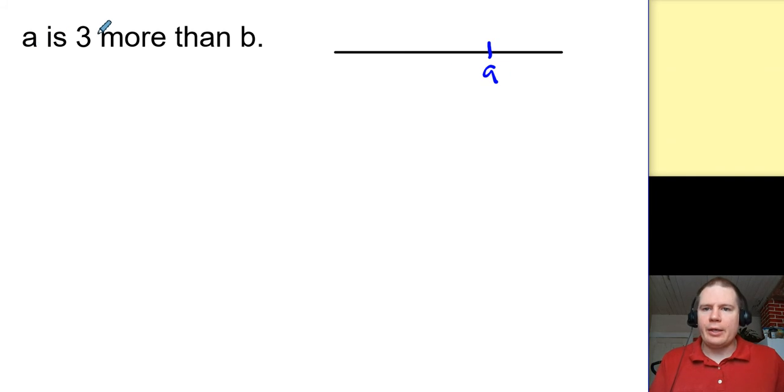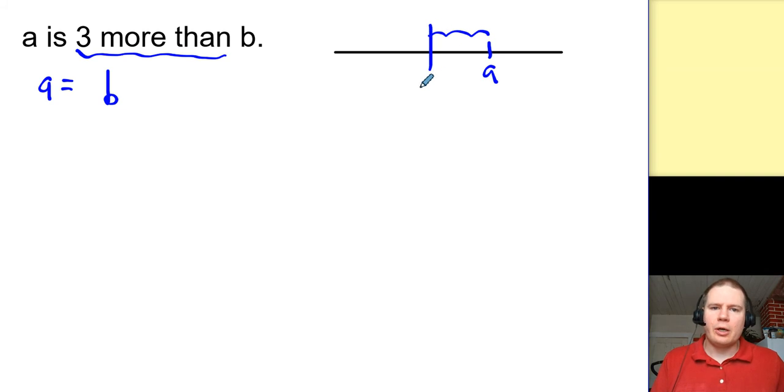I'm saying a is 3 more than b. So I can translate that a is 3 more than this other thing. So I've got b, but a is not equal to b. A is 1, 2, 3 higher than b. Whatever b is, I add 3 to that, I get a.